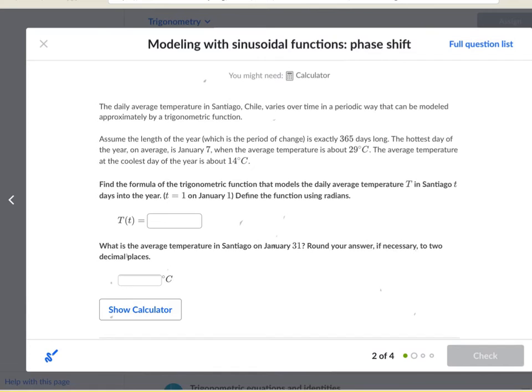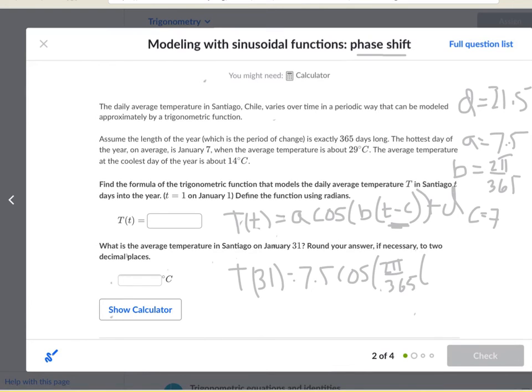Finally, we have to figure out the temperature on January 31st. So that'd be T of 31, which would equal 7.5 times the cosine of 2 pi over 365 times, sorry, let me just erase that, it would be 31 minus 7.